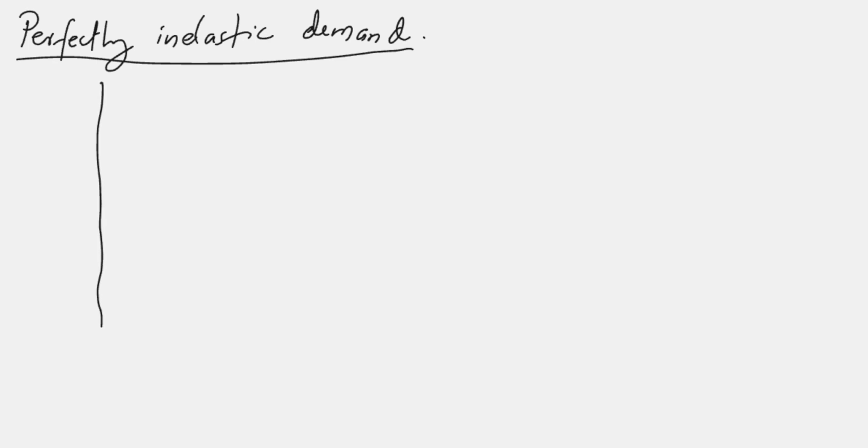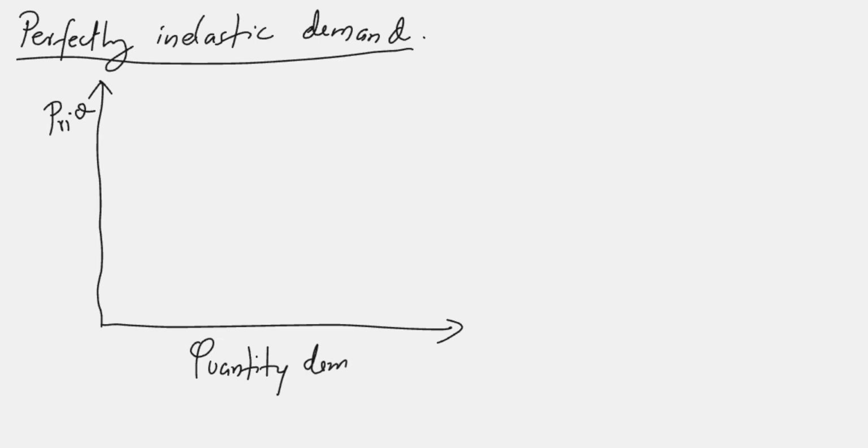And we also have the perfectly inelastic demand. Perfectly inelastic demand. And this happens now when you keep increasing the price, you are changing nothing. So we say that in this perfectly inelastic demand, let's show the curve.